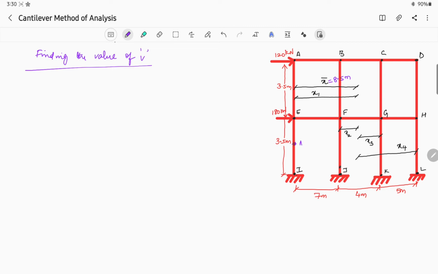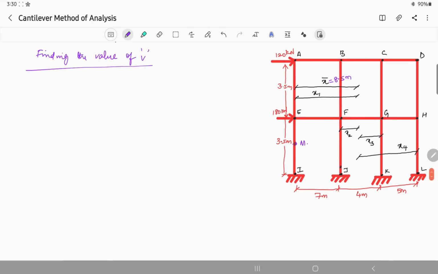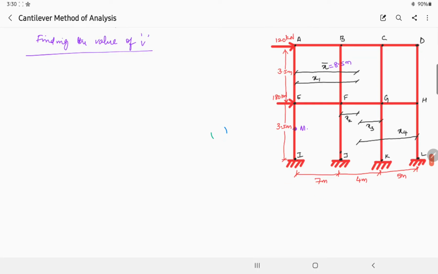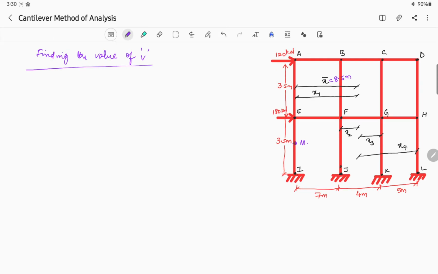At this point, we'll take moment, because at the center we all know that we have a point of contraflexure, which is the first assumption in our problem. Okay, so here these are the forces, that is V1, then we have V2, then we have V3, then we have V4. Okay, so moment of all forces about point M is equal to 0.